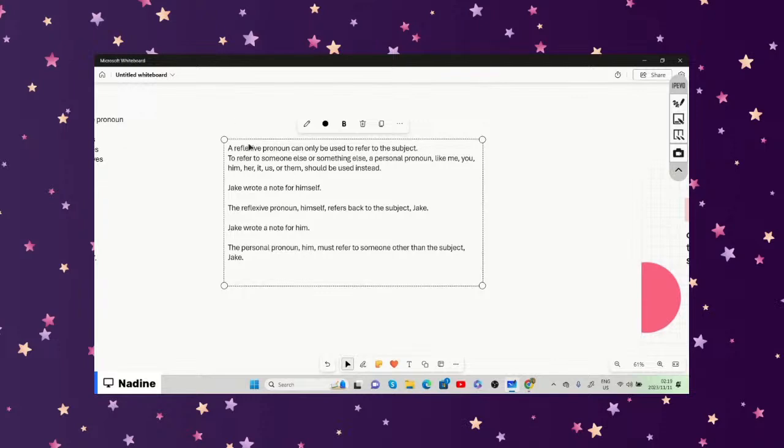So, once again, a reflexive pronoun can only be used to refer to a subject. If we are making mention of a subject, that is when we use a reflexive pronoun. If we want to refer to someone else or something else, then we need to use a personal pronoun.